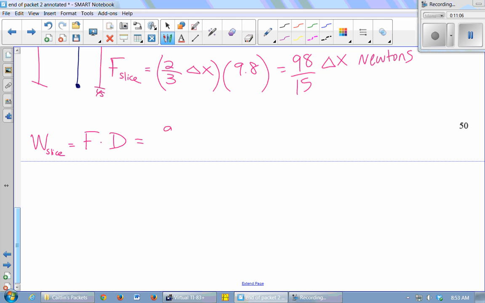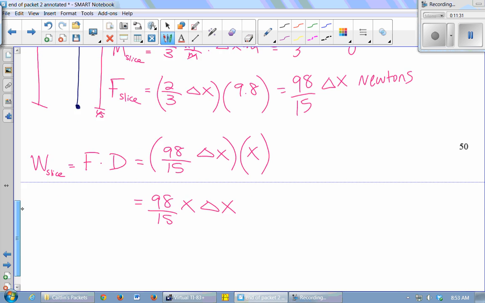Force was 98/15 delta x. Distance is going to be just x. And I'm just going to simplify it a little bit, so it's 98/15 x delta x. So that's the work done on just one little bitty piece of the rope.